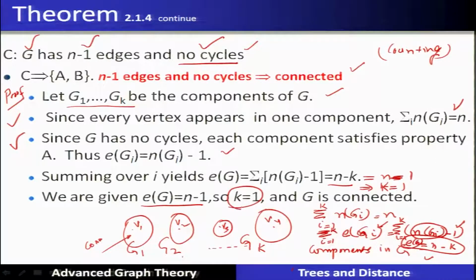So, if the number of components, which we have assumed to be k, is 1, then the graph is connected. Hence, if the graph has n minus 1 edges and no cycles, we have concluded that this particular graph must be connected.